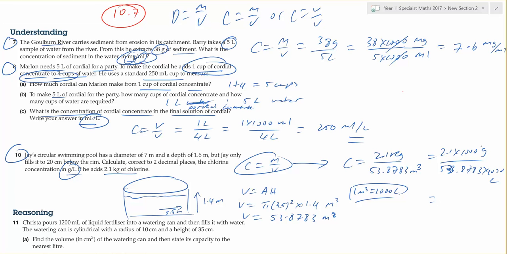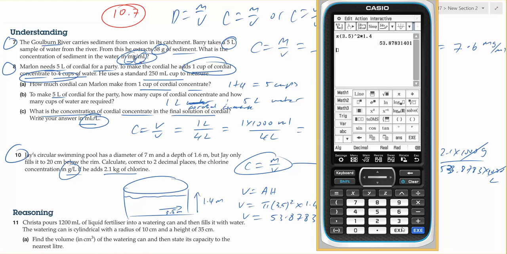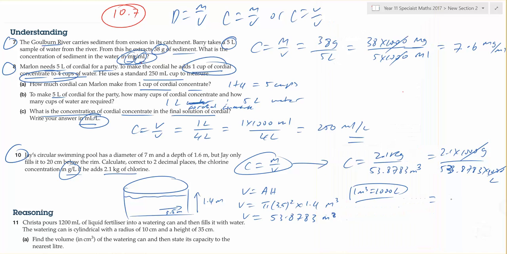So we know the thousands cancel each other out, so it's essentially 2.1 divided by my volume, which I can just copy and paste onto the answer. I get, rounded to 2 decimal places, 0.04. Okay, so my final answer is 0.04 grams per litre.